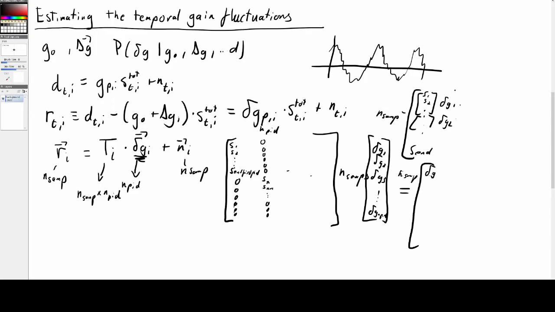So delta g1 times s1, delta g1 s2, and so on until we have reached the end of the first PID. And then further down we will have delta g2 times s_{n+1} and so on. So this equation is basically what we will be working with to draw a sample now.